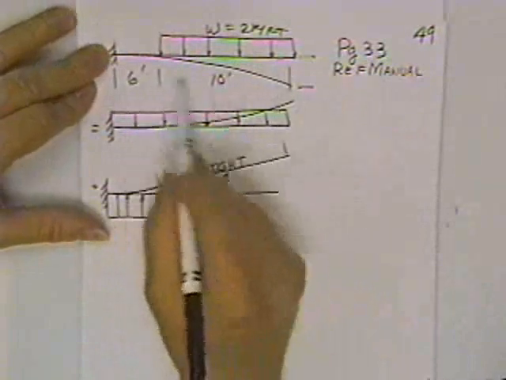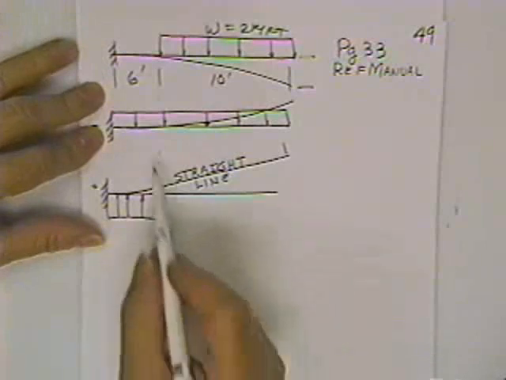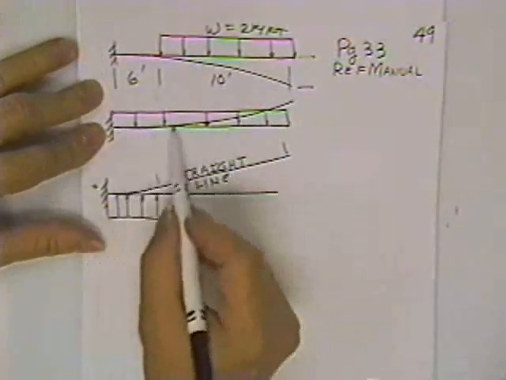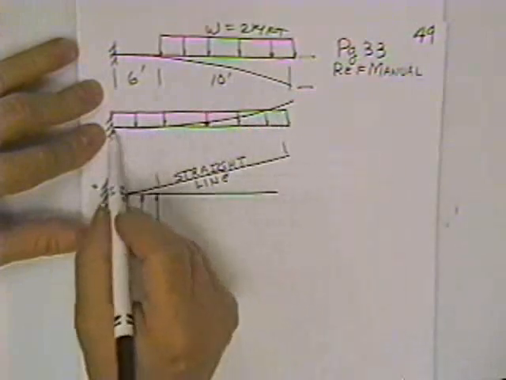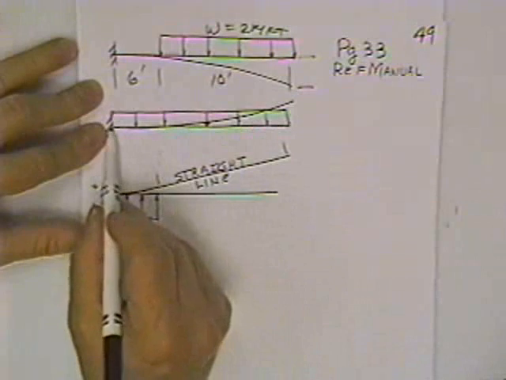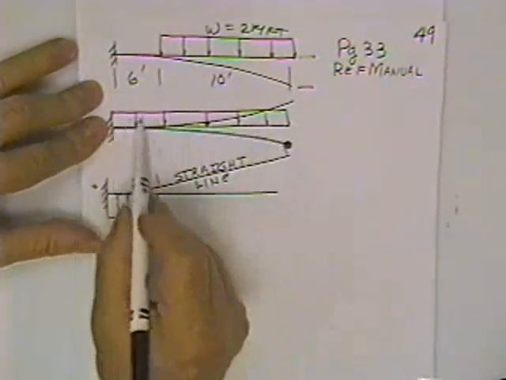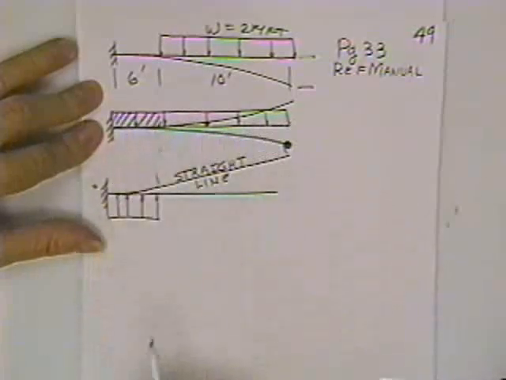Well, you look on page 33, there's not one of those. But what you could do is find out how far a cantilever beam pushes down when you load it across the whole thing, even though you don't want this piece right here.